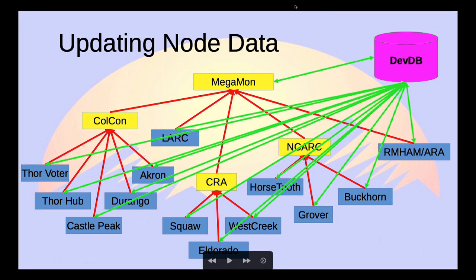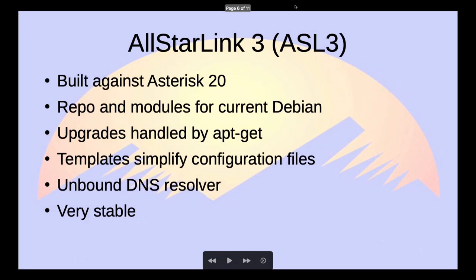But in order for a node to be able to connect, you need to go and restart Asterisk on each of the nodes, right? So you basically have to restart every Asterisk node on the system in order for this to work, because it needs to reread those configuration files. This is a chore. So that's where ASL3 comes in.